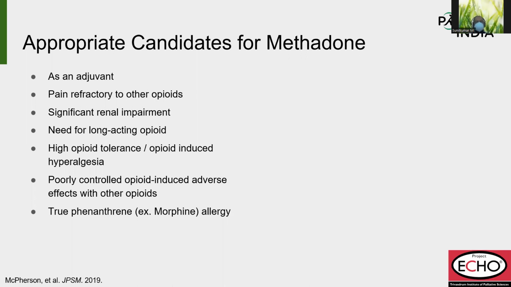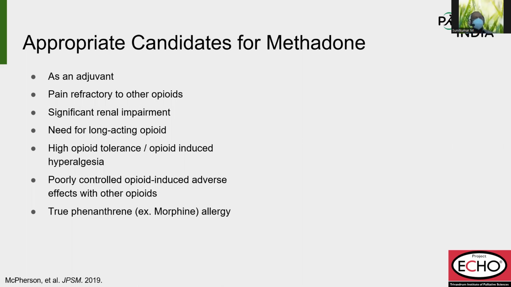Then if the pain is refractory to other opiates, we know that all pain will not be responsive to morphine or fentanyl or any other opioids. In such a situation, maybe you can switch over to methadone. Then if the patient has significant renal impairment, methadone can be used, because most of the methadone is excreted from the body through the fecal route.